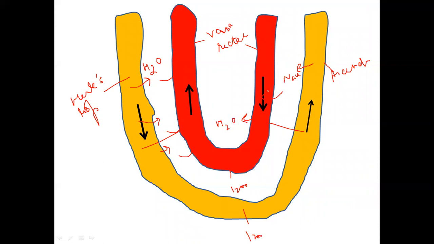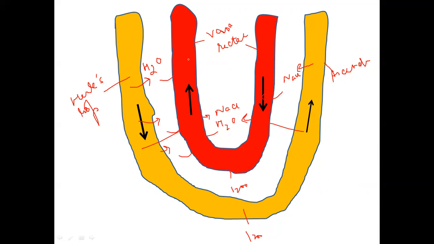The NaCl that has entered here will come out from here. Again exchange. And this NaCl will come inside this. This water entered into this. So you can see that the water that is given out from this descending limb of Henle's loop, and the water that comes out from this vasa recta descending limb, both these water molecules are absorbed by the ascending limb of vasa recta.